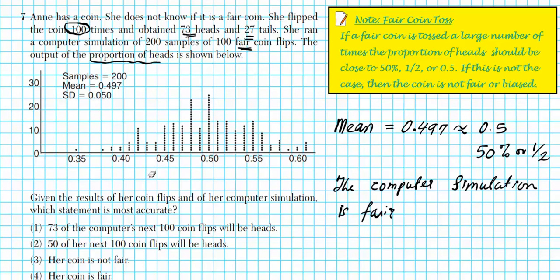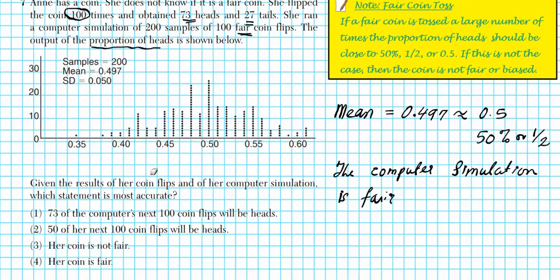Well, let's take a look. Let's determine the ratio, okay? So for Anne's coin, we have the ratio of heads, proportion of heads, is basically 73 over 100.